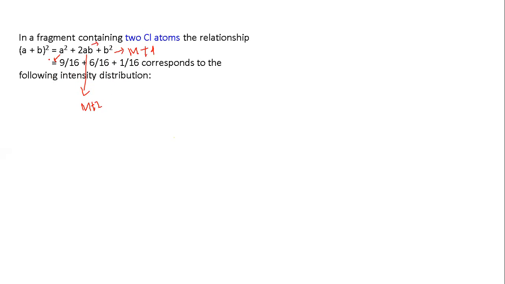Understood? Now what will be their intensity ratio? You just do accordingly. Multiply by 100 and 16 by 9. If you do that, this becomes 100. For the middle term, 6 by 9 means 2 by 3, so 33 becomes 66.